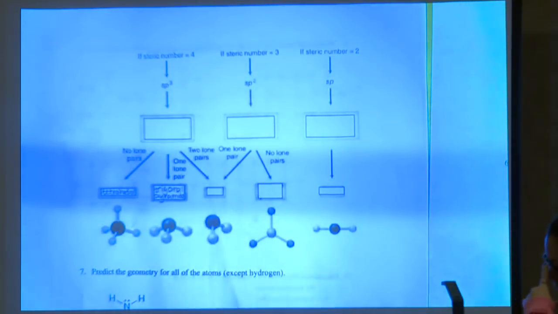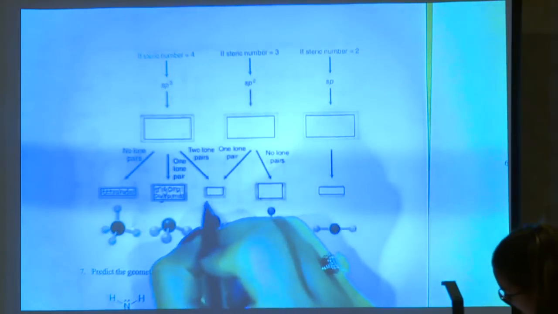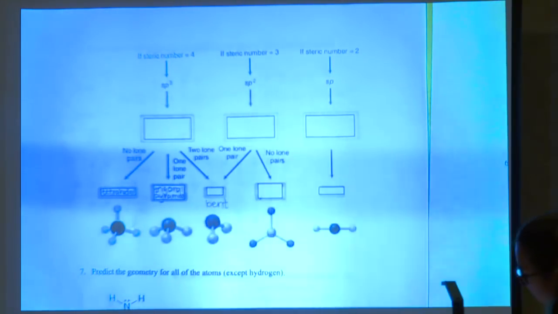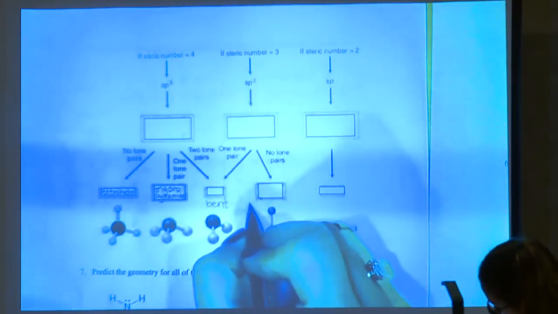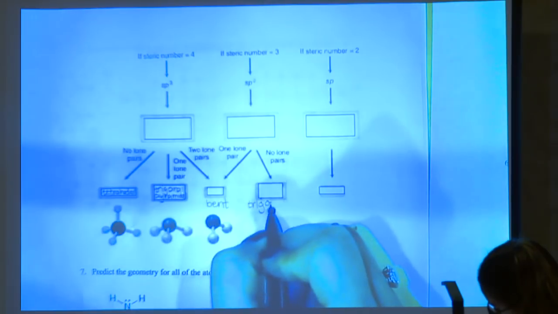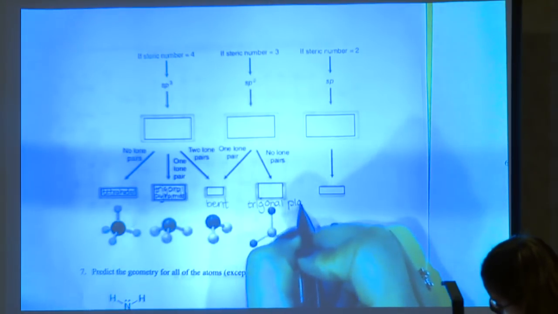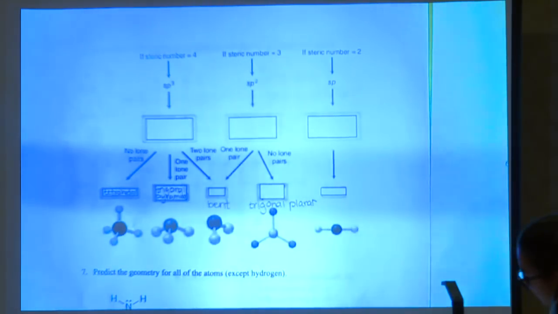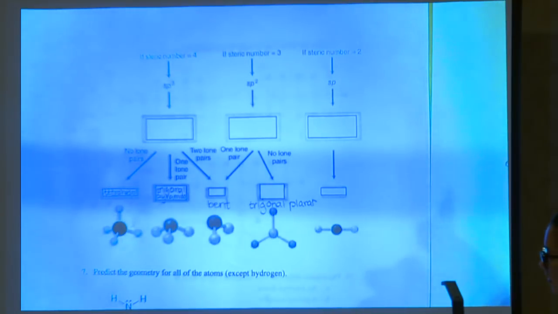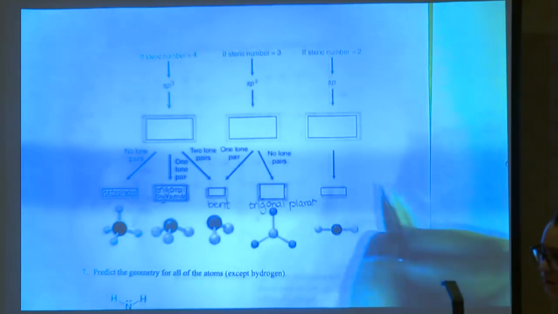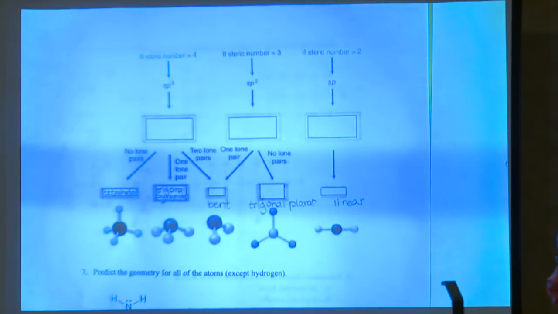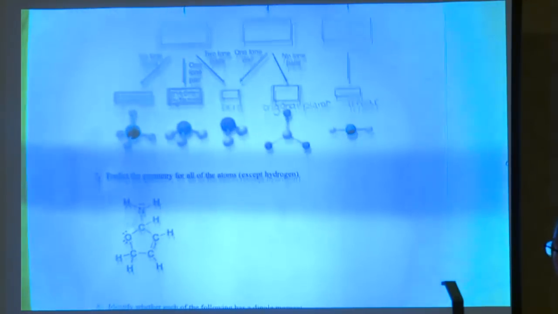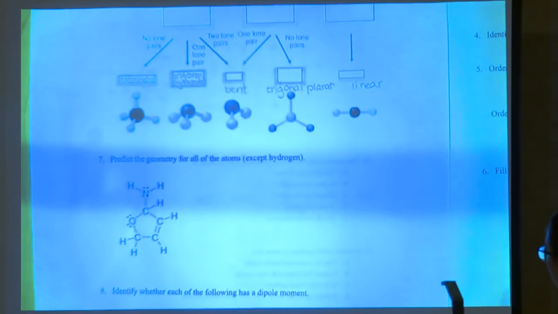And then this one? And then this one, you said? Linear? Okay. Good. Awesome. So predict the geometry for all of the atoms except for hydrogen.